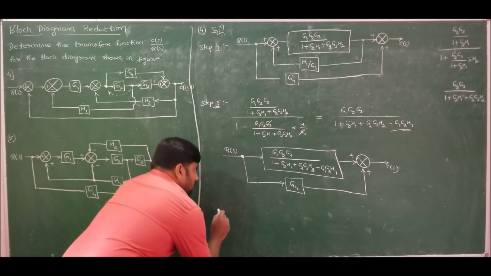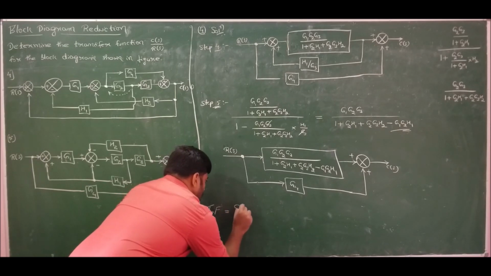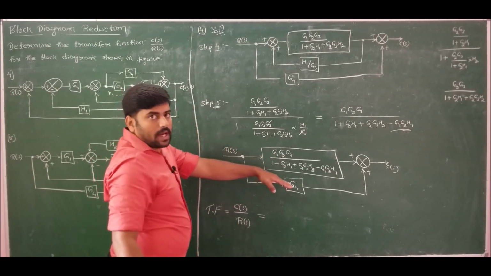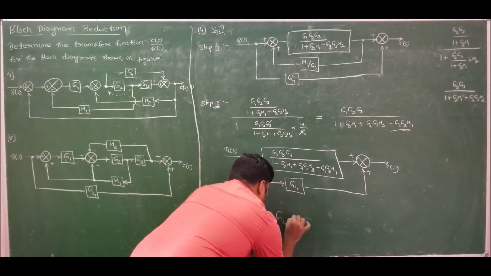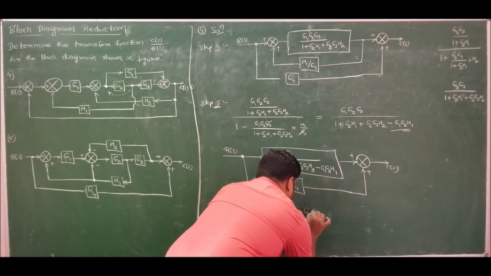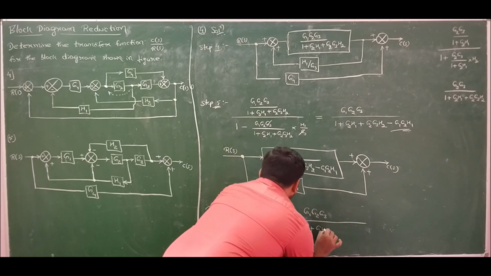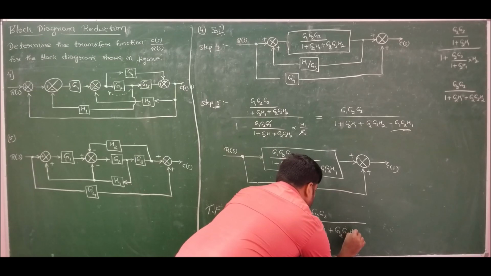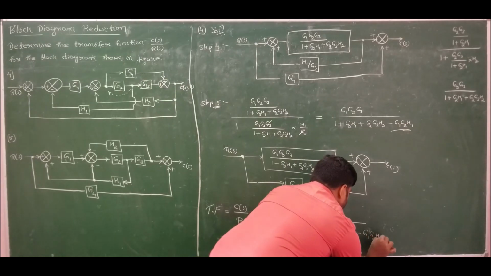Hence the transfer function for this problem, which is nothing but output C of s by R of s, will become, since these two are in parallel, just the sum of these two blocks, that is G4 plus G1 G2 G3 whole divided by 1 plus G2 H1 plus G2 G3 H2 minus G1 G2 H1.